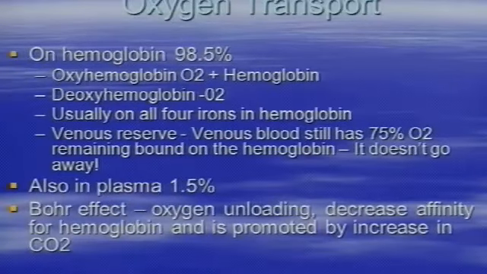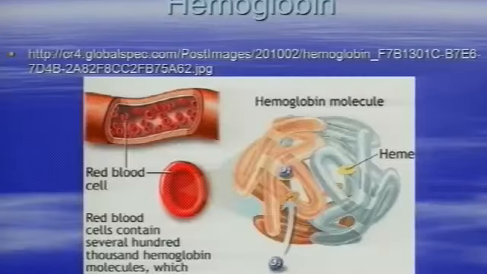Now, oxygen is going to be transported on hemoglobin. So if we look at a red blood cell, you can imagine they've got a little part of some sort of vessel cut open. I'm not sure if that's an arterial, I'm not sure. And they've taken a red blood cell out.